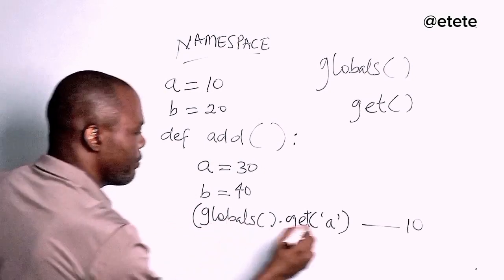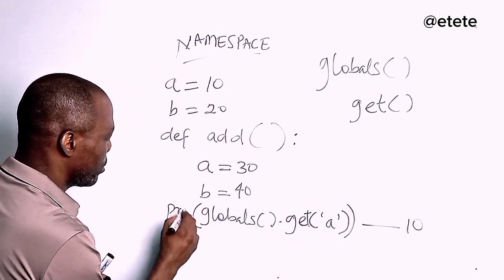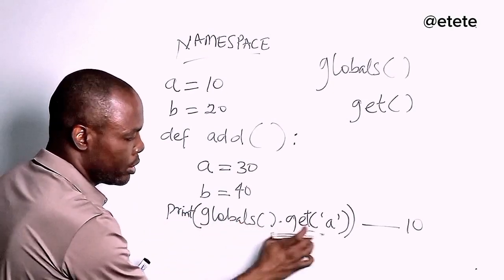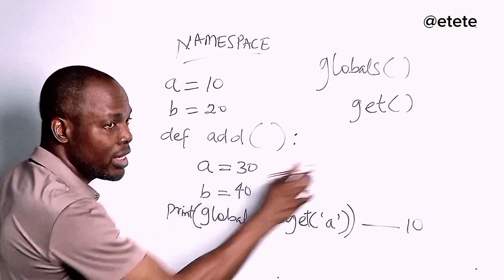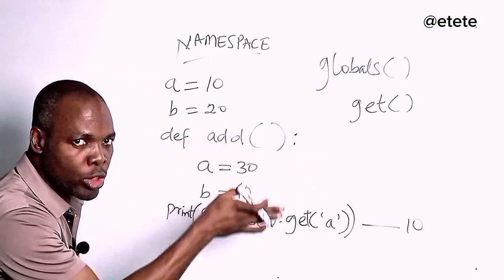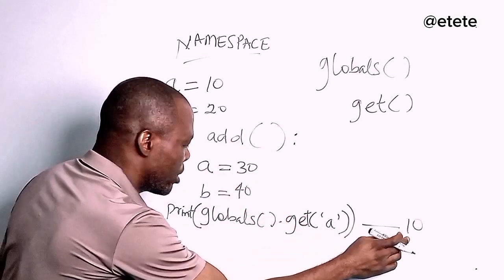Now, if I put this here and I call my print function to print it out, print, then I supply this, dot this. Whatever it returns will be printed out on the screen. If I didn't supply it to the print function, it will not go to the console, which is the screen. You won't see it.